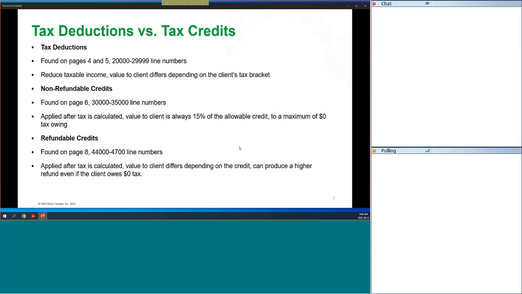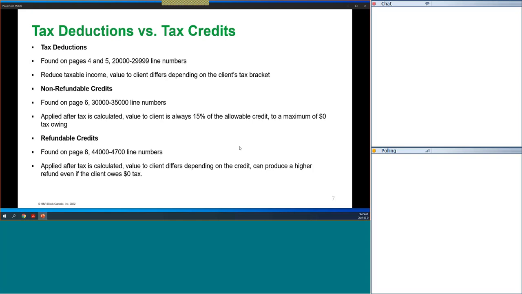When we're looking at the tax return, there are some very big differences between deductions and credits. If you understand the difference, it helps you to know what advice to give your clients, and it also helps you to do the tax return because it's going to organize it and help you find which page you're looking at. So I'm going to be very strict in my vocabulary as much as I can. When I mean a deduction, I'm going to say deduction. When I mean credit, I'm going to say credit. When I mean refundable credit, I'm going to say refundable credit.